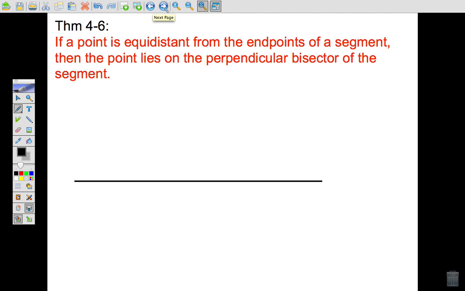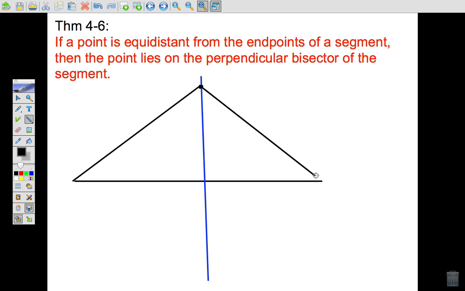Theorem 4.6, if a point is equidistant from the endpoints of a segment, so now I've got maybe something that looks like this. Okay, we don't know if it's perpendicular or if it's hitting the midpoint of that black segment, but say we do have a point, and we do know, I'll make these lines a little straighter, that that point is equidistant from the endpoints.